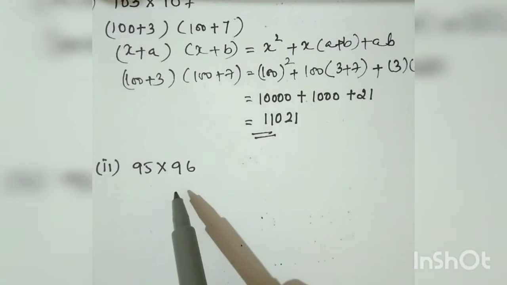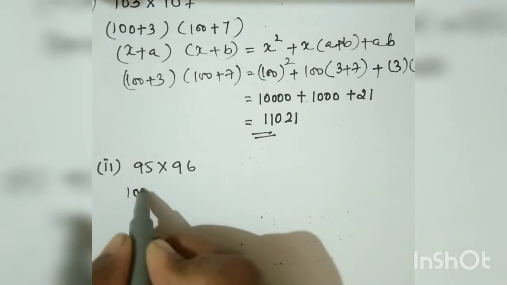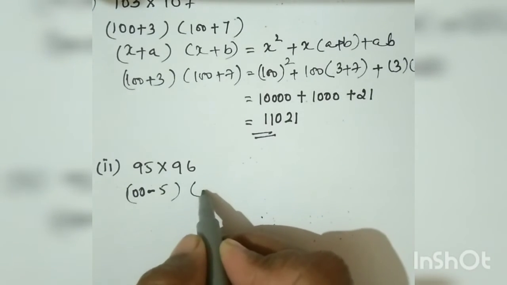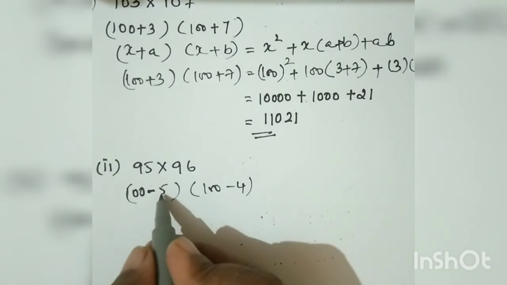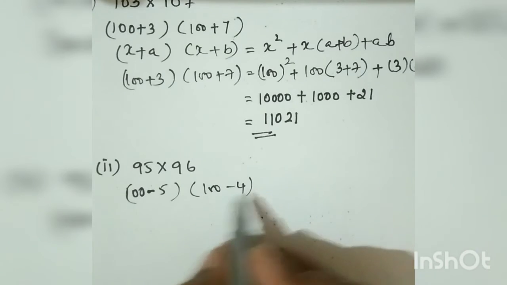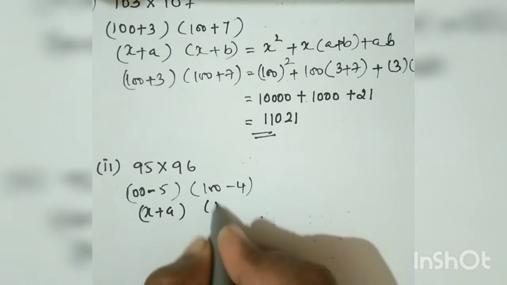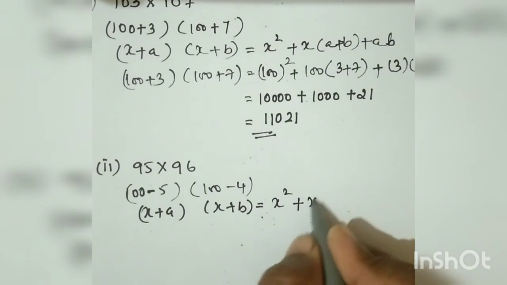Mainly we are using this to reduce our calculation. So instead we will use 100 minus 5 and 100 minus 4. So a will be minus 5, b will be minus 4. Same x plus a into x plus b only, don't go and change the identity.